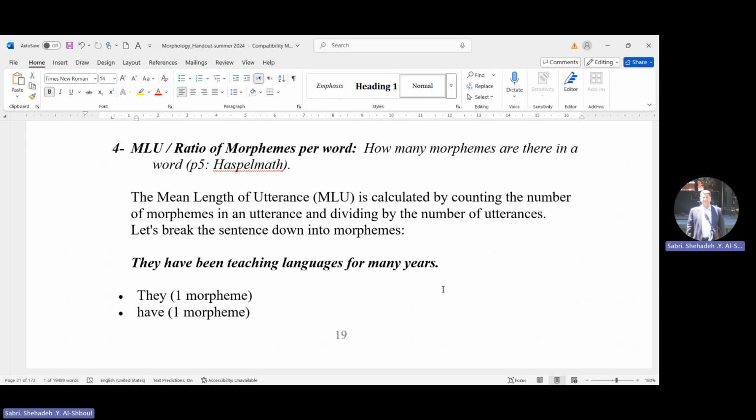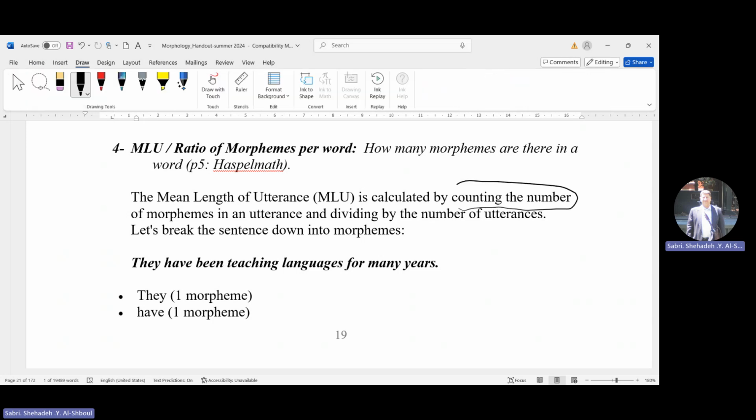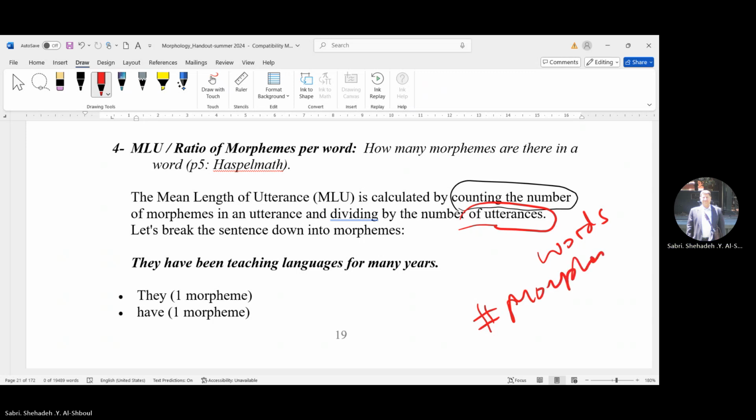But we need to know more about how to calculate the MLU, which is by counting the number of morphemes in an utterance and dividing by the number of utterances or word forms. So, as we said last time, it is the number of morphemes divided by the number of word forms.